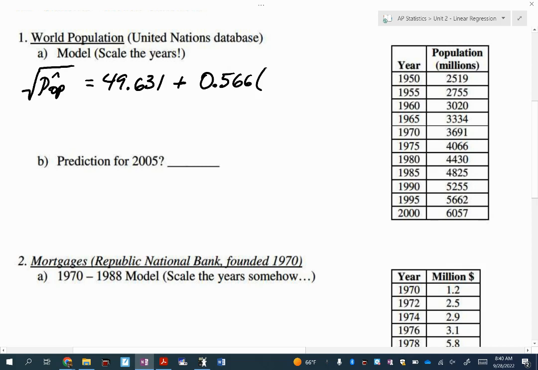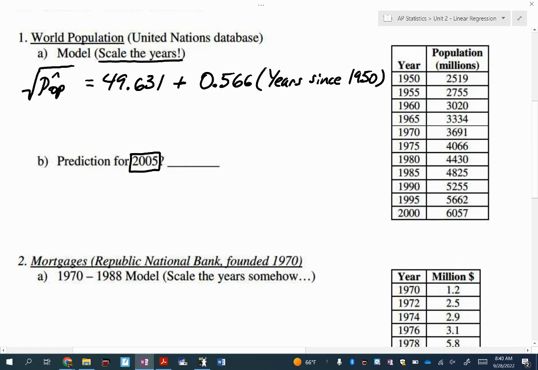Times, and now this is important, right? I'm going to put years since 1950, because remember, I scaled them. It asked me to scale the years. So just keep in mind, when I plug in this 2005, that is 55 years since 1950.